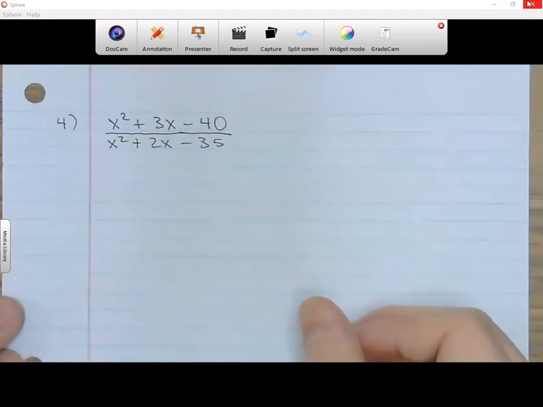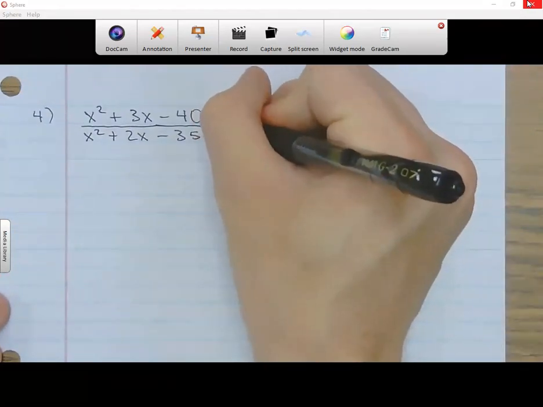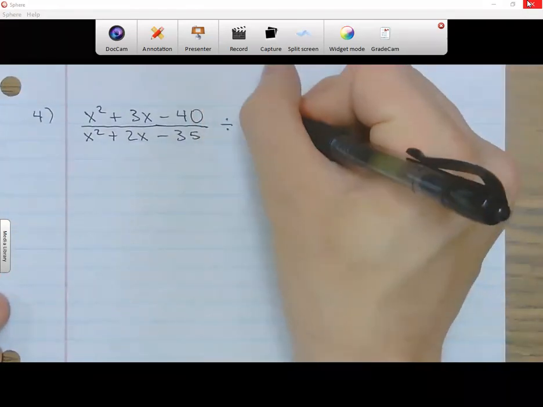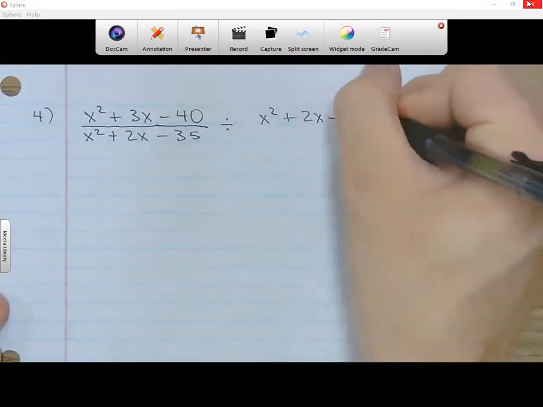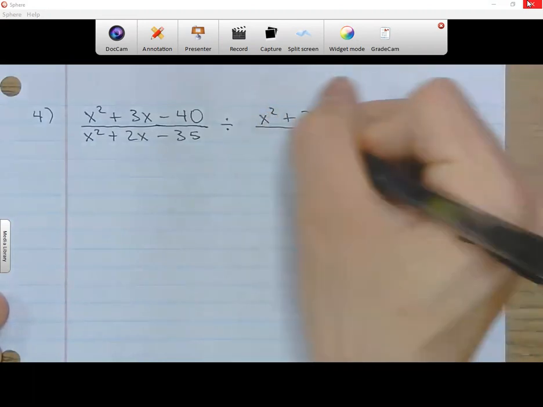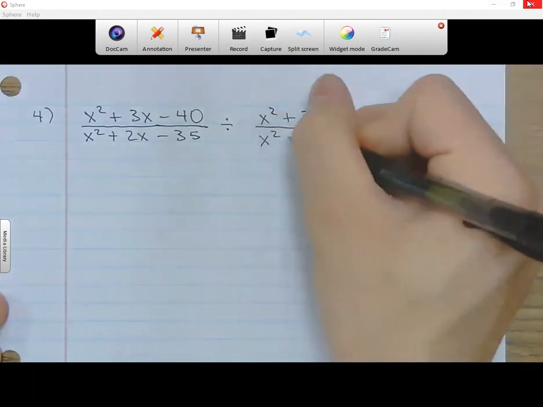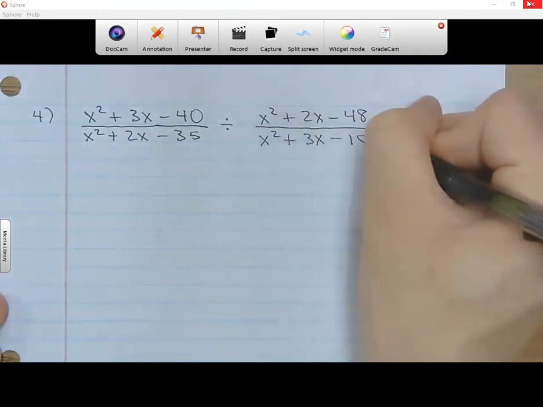And everything is being divided by what? x squared plus 2x minus 48. Yeah. And what's on the bottom? We have x squared plus 3x minus 18.